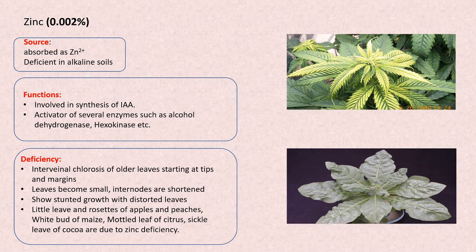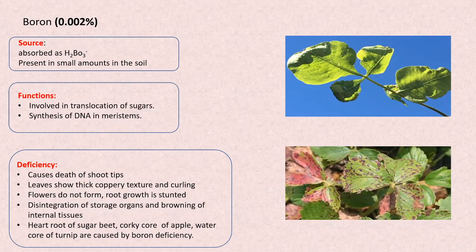And mottle leaf of citrus, sickle leaf of cocoa are also due to zinc deficiency. So all these are deficiency symptoms of zinc, and the main important function is involved in synthesis of indole acetic acid, which is a natural auxin. So this is about the micronutrient zinc.